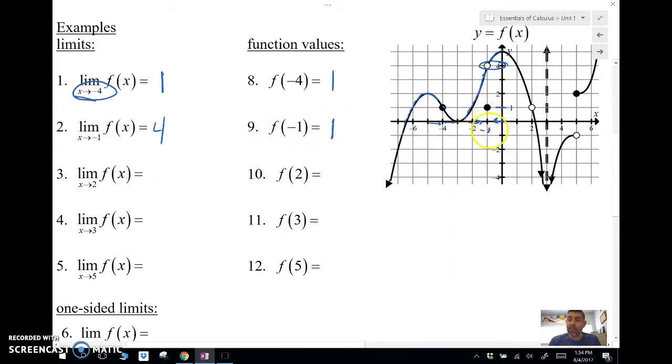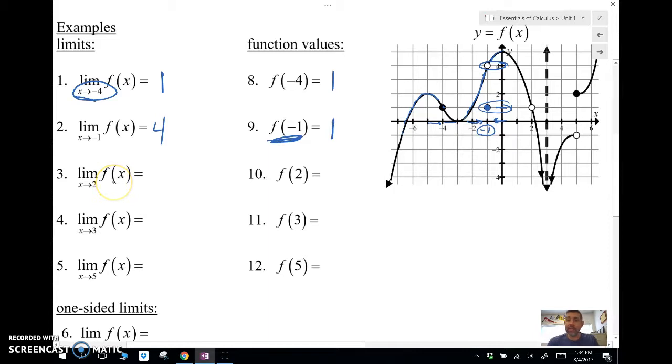Because here's -1, and f of -1 is this solid dot right here at 1. So my function value, f of -1, is actually 1, even though my graph gets closer and closer to a y value of 4 as x approaches -1. That's the difference between a limit and a function value.